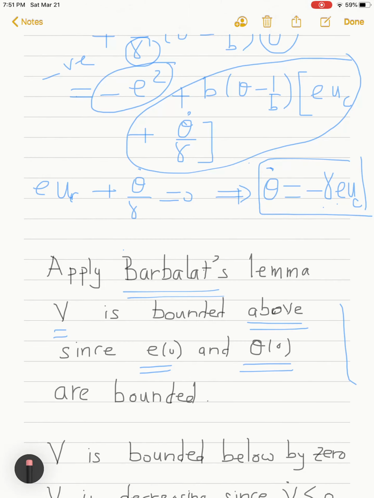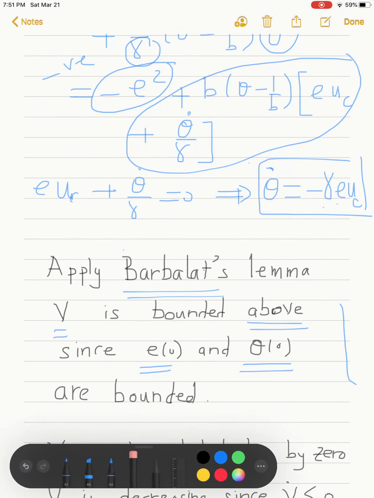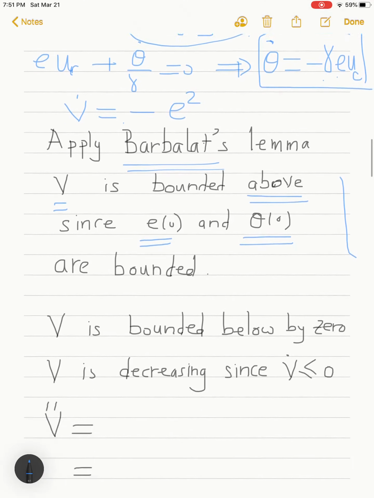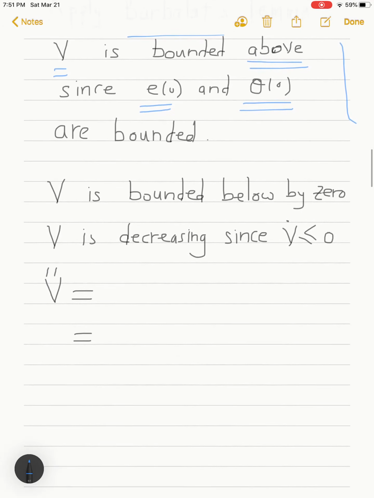Okay, once I reach the adaptation law, I can write that v dot is equal to minus e squared. So if I like to show that the system is stable, then I have to use Barbalat's lemma.